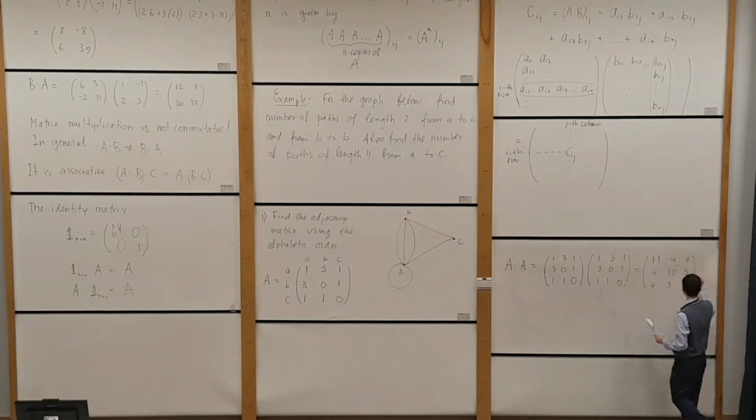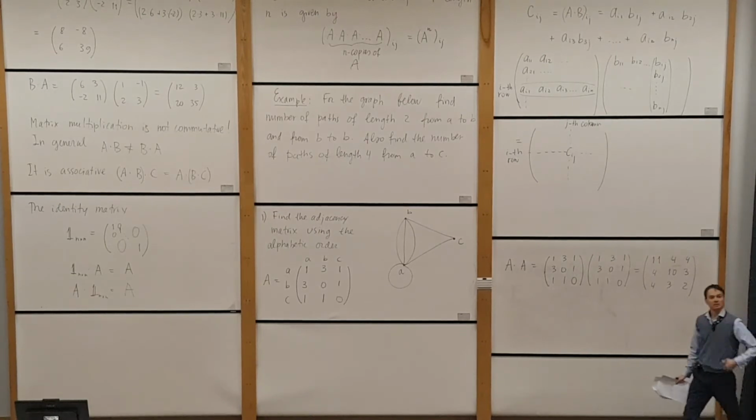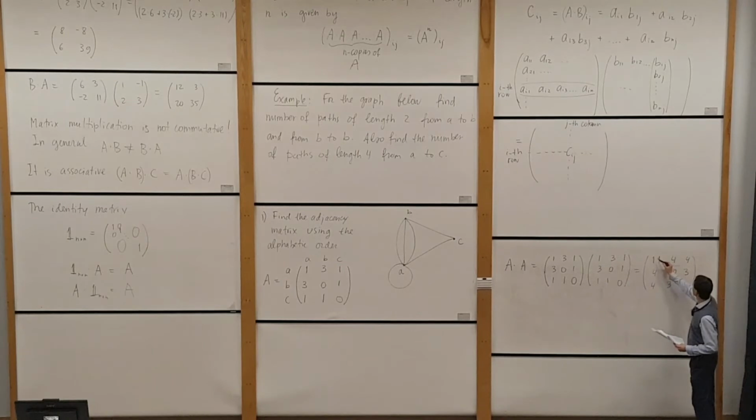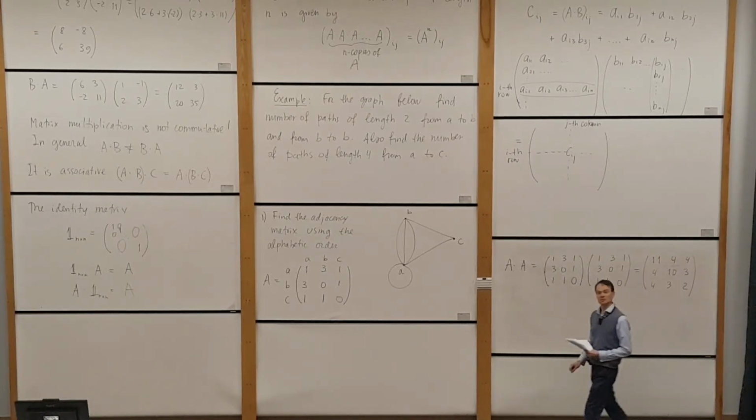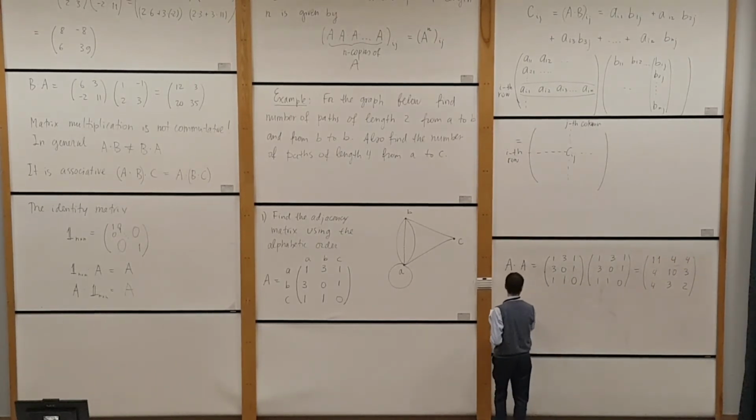You can save your work a little bit here, because if you multiply 2 symmetric matrices, the outcome is also symmetric, which means that it suffices to calculate the entries on the diagonal and above the diagonal, and then you can reflect it. So you can save yourself a little bit of time.